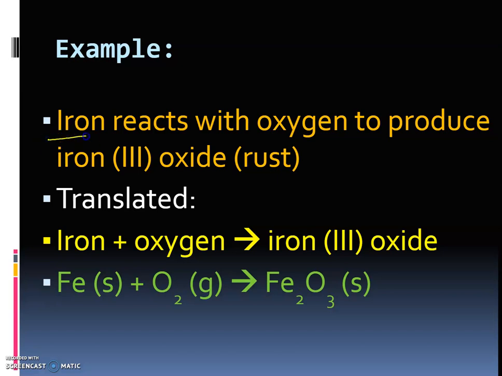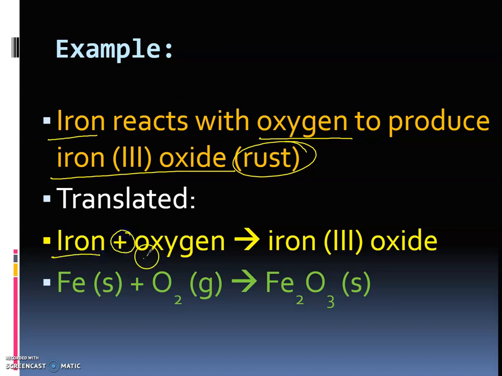Okay, so here is a typical word equation. Iron reacts with oxygen to produce iron 3 oxide, which is the chemical formula for rust. So you can take this whole sentence and whittle it down to iron plus oxygen yields iron 3 oxide.